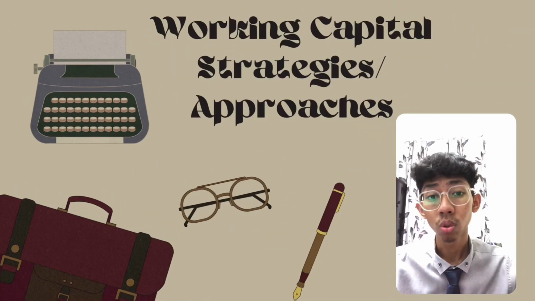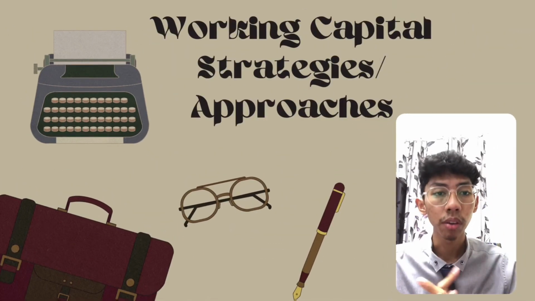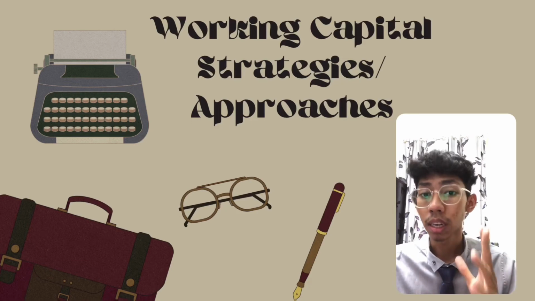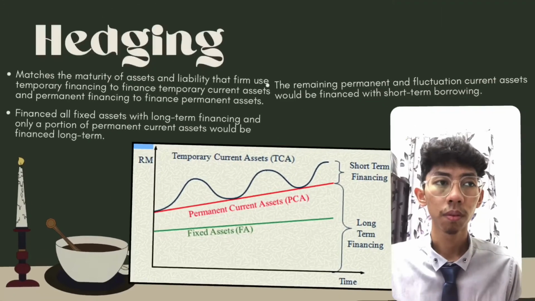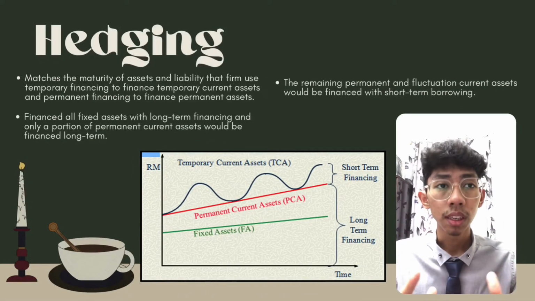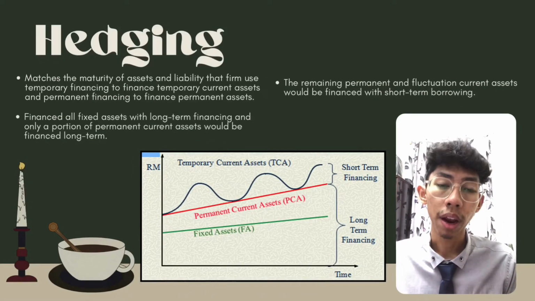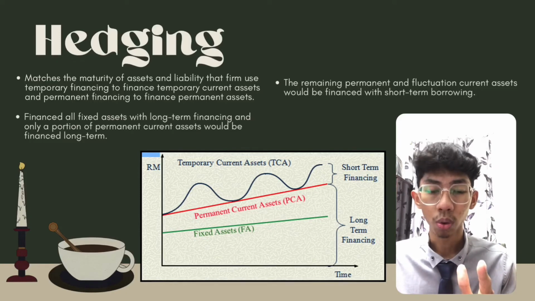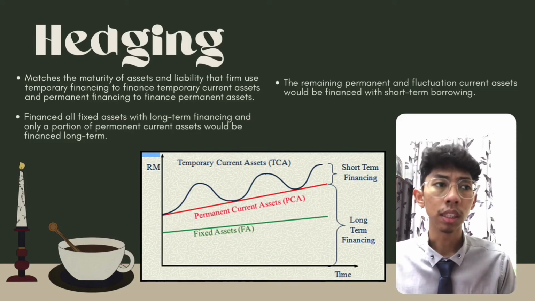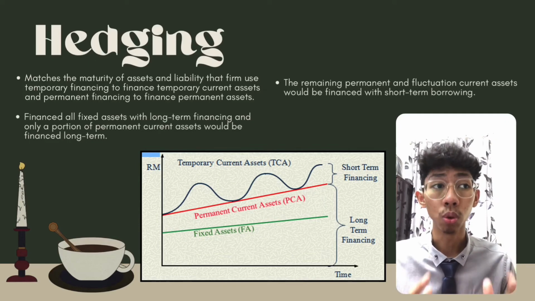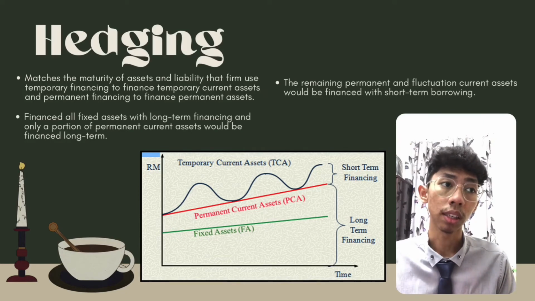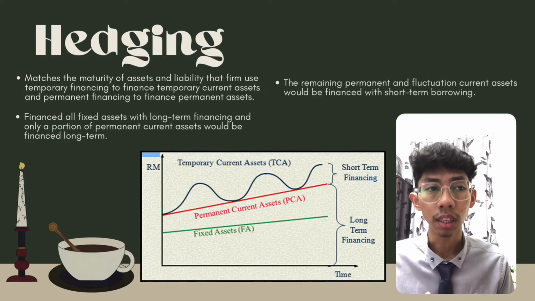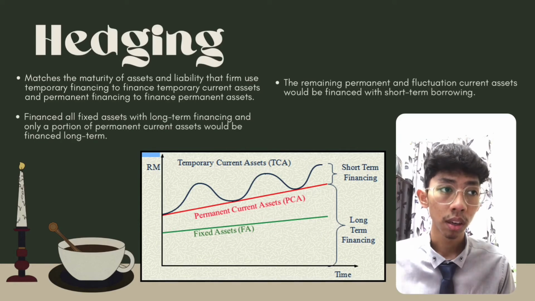So, we go to the next topic for Chapter 7, working capital strategies or approaches. The first strategy or approach is hedging. What is hedging? Hedging is matching the maturity of assets and liabilities, so the firm uses temporary financing to finance temporary current assets and permanent financing to finance permanent assets.